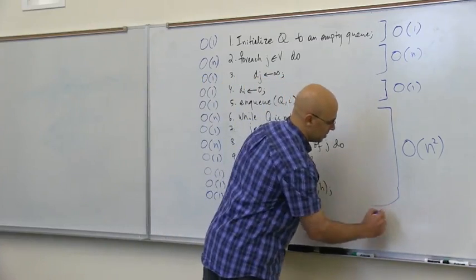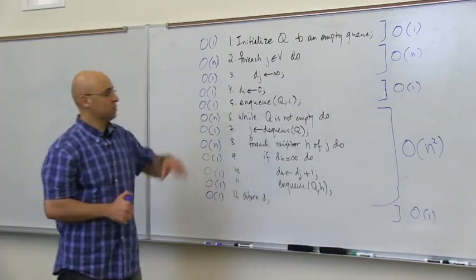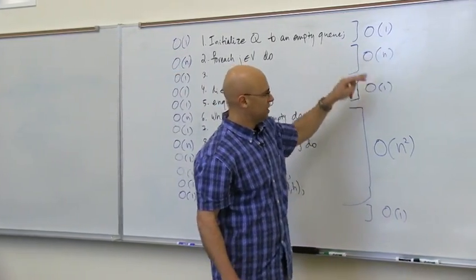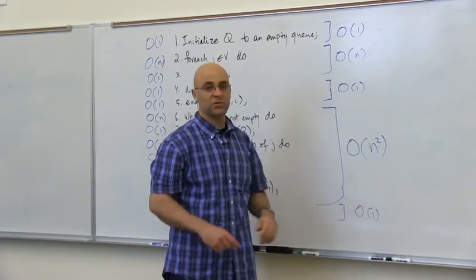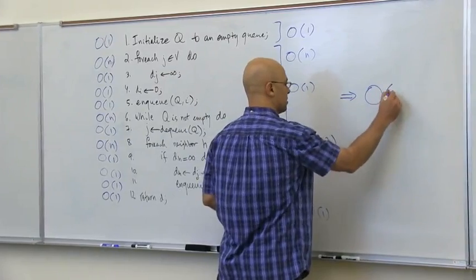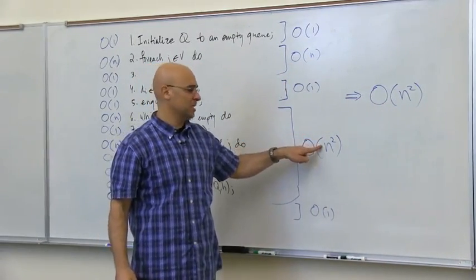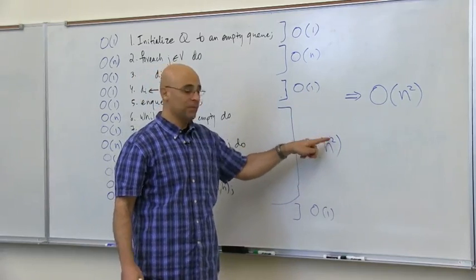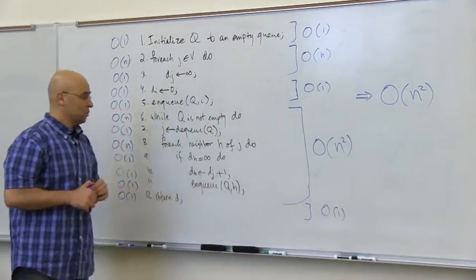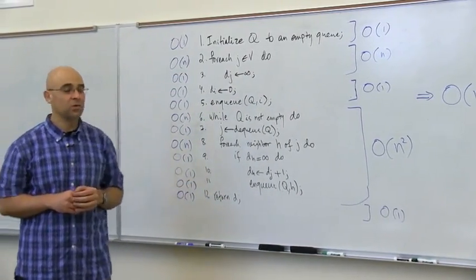And this line here is just O of 1. So now I can just sum these numbers. I say it's O of 1 plus O of n plus O of 1 plus O of n squared plus O of n, O of 1. This is going to give me that the algorithm takes O of n plus n squared, but we focus on the dominating terms. N squared is the dominating one here. So using this analysis, we get that the algorithm is O of n squared.